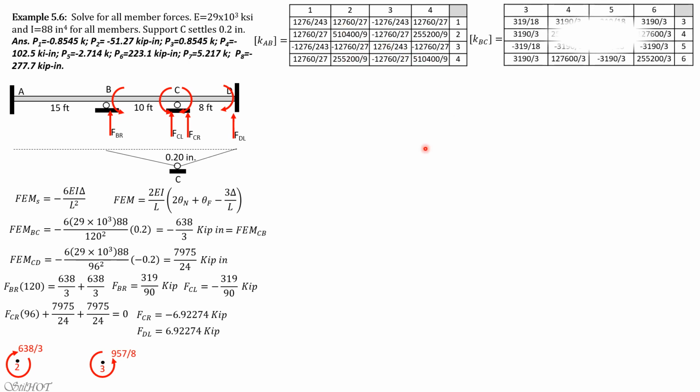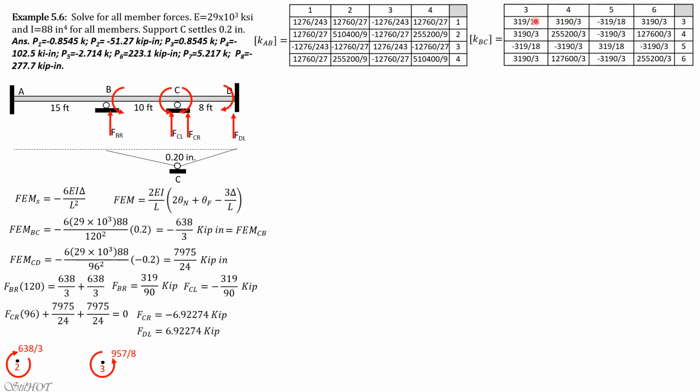KBC, on the other hand, is 12 over 120 cubed, the first term. So 12 times 29,000 ksi times 88 divided by 120 cubed is 3190 over 18. 6 times 29 times 10 to the 3 times 88 divided by 120 squared, that's the result.